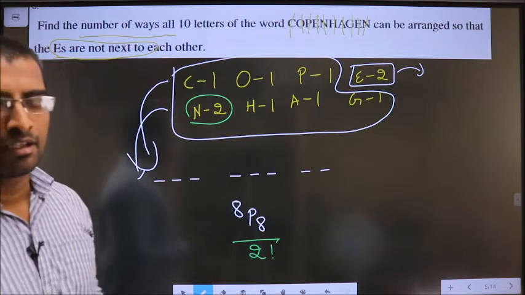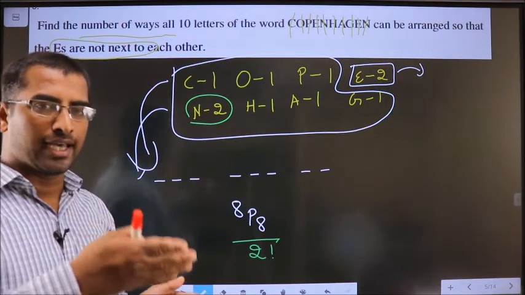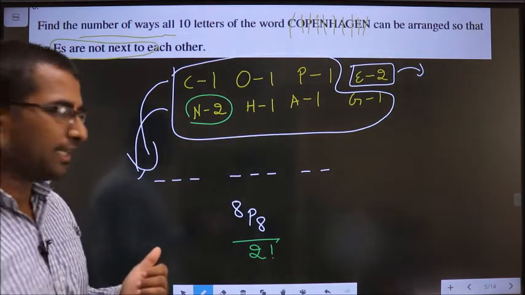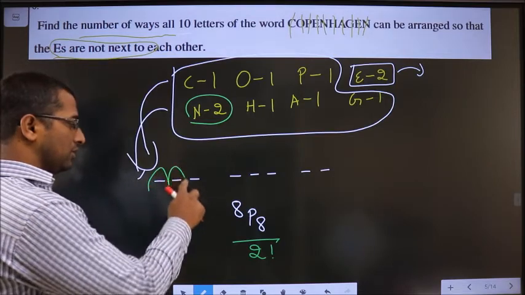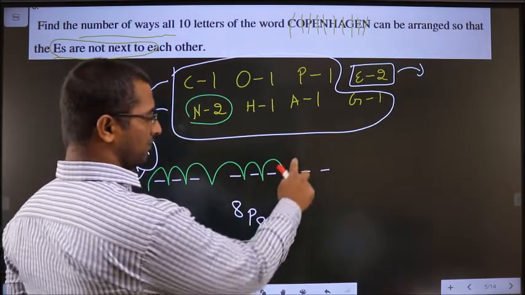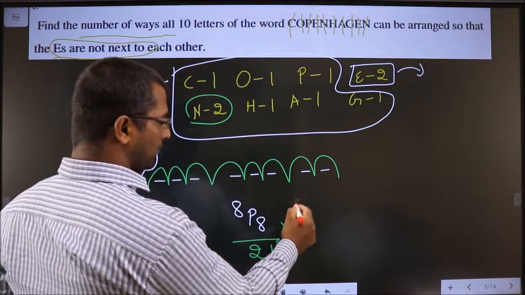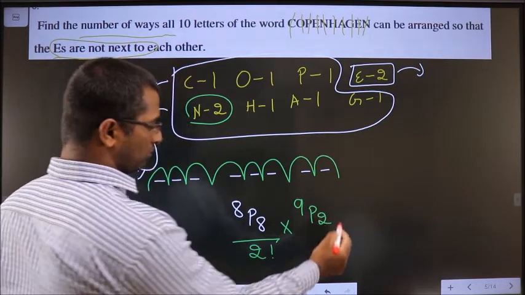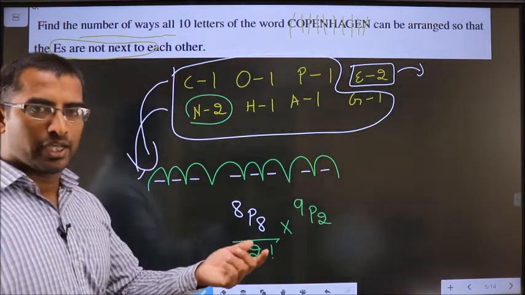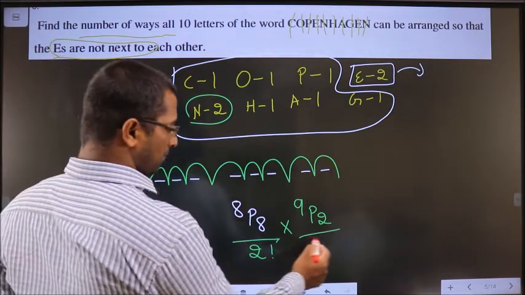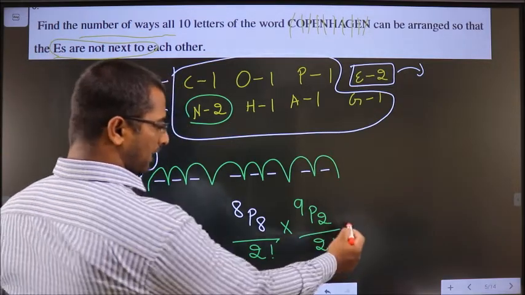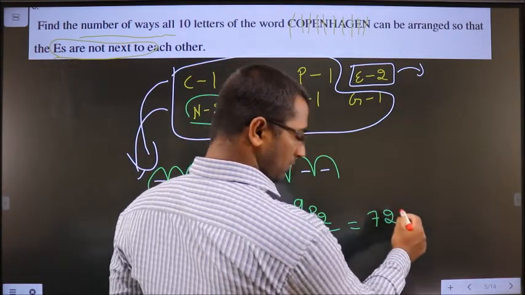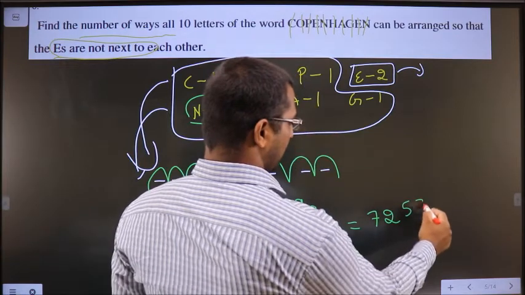Now I should see how many places I have in between, such that I can place 2 E's. So let us count 1, 2, 3, 4, 5, 6, 7, 8, 9. So in between I have 9 places for the 2 E's. So 9P2. Those 2 E's are identical, so divide by 2 factorial. Put this in the calculator, you get the answer to be 725760.